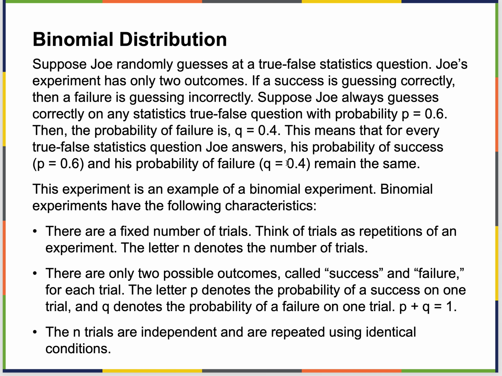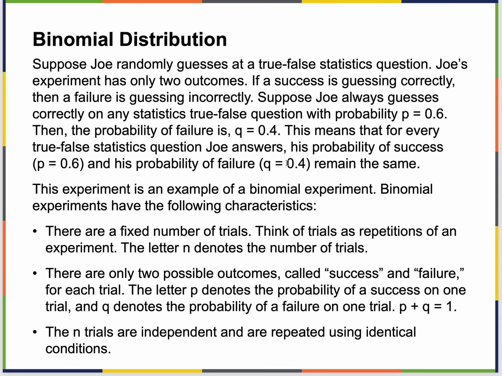So there are a fixed number of trials. Think of the trials as repetitions. It's a true-false statistics test. How many trials could it have? Each trial would be a question. So if it's a 10-question exam, that's all true and false, he would have 10 trials. The letter n denotes the number of trials. There are only two possible outcomes, success and failure, for each trial.